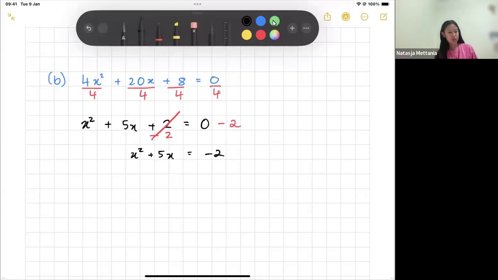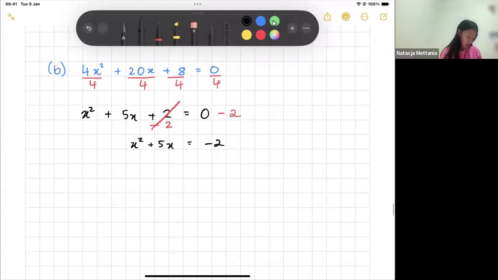I think that you get the gist for that part. From here on out, complete the square. So I'm going to go x squared plus 5x plus the 5, that I'm actually going to half and square. So the 5, divide it by 2 because that's half, and square it.